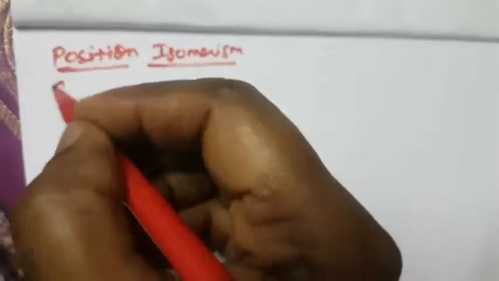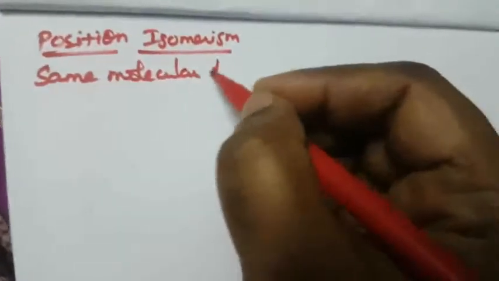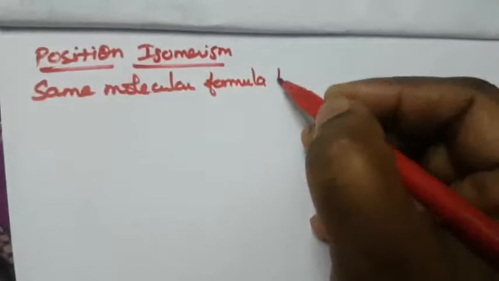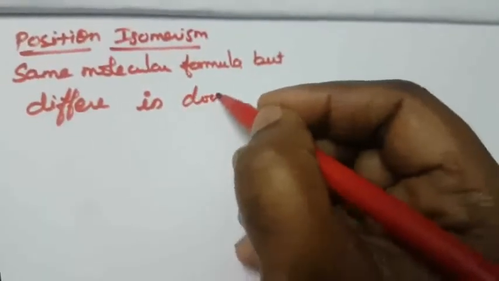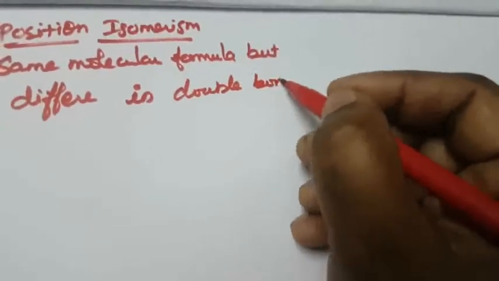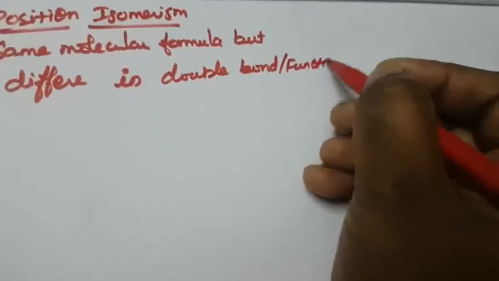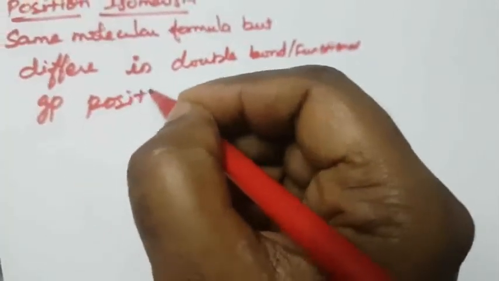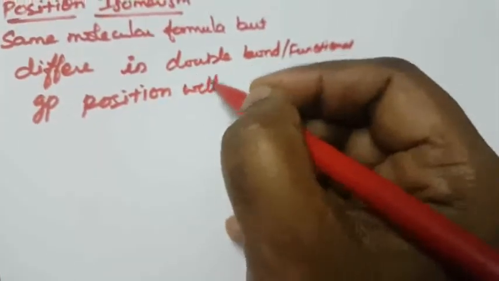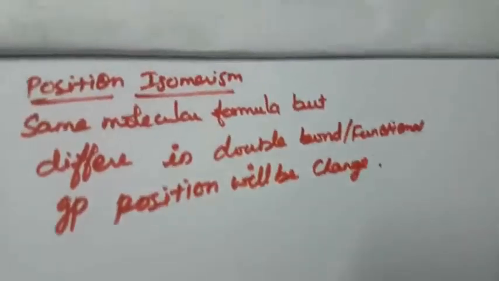So same molecular formula but differ in the double bond or functional group position. The position will be changed. So this is how to exhibit it.